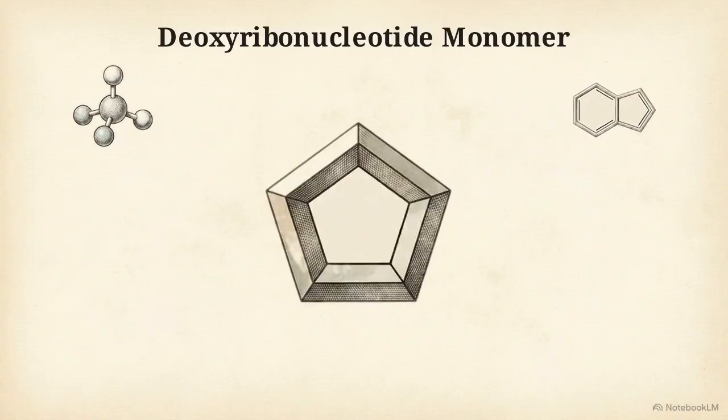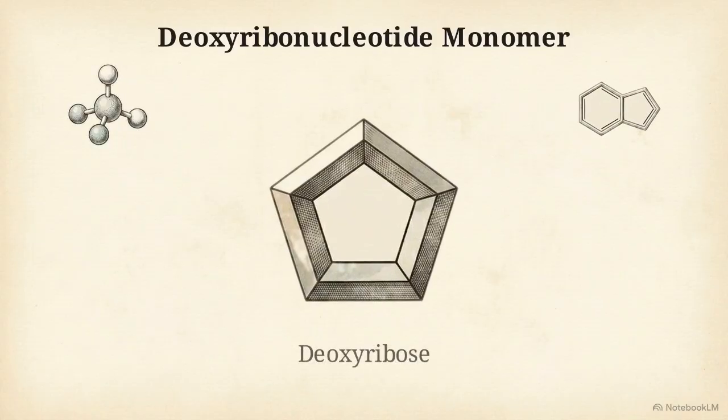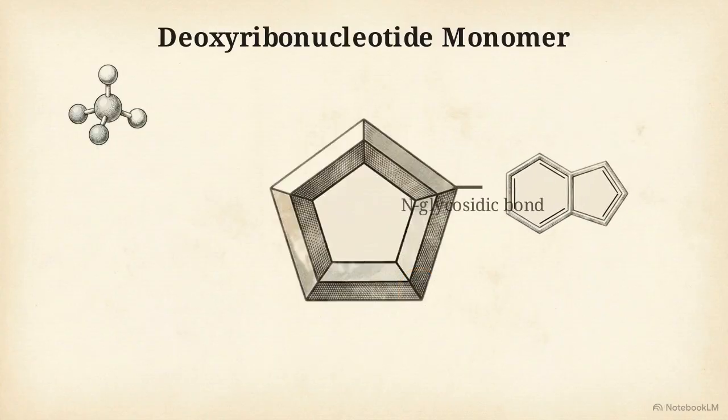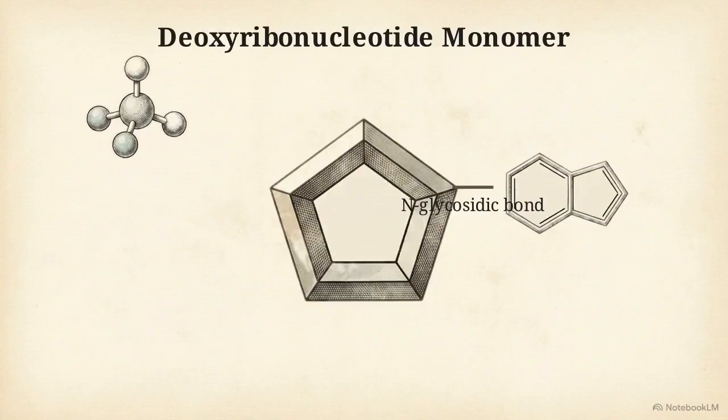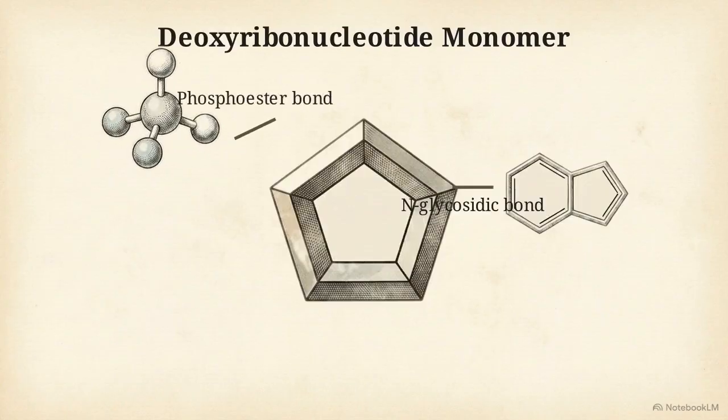The central piece is a 5-carbon pentose sugar, identified specifically as deoxyribose. Compared to the sugar found in RNA, it lacks a hydroxyl group, an oxygen atom, at its 2' carbon. The first linkage occurs when the nitrogenous base attaches to the sugar's 1' carbon, secured by an N-glycosidic bond. The second linkage snaps the phosphate group onto the sugar's 5' carbon via a phosphoester bond.